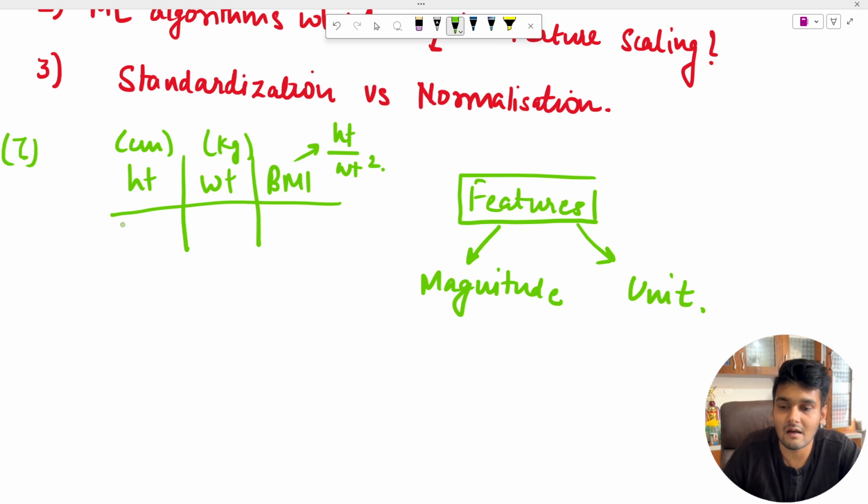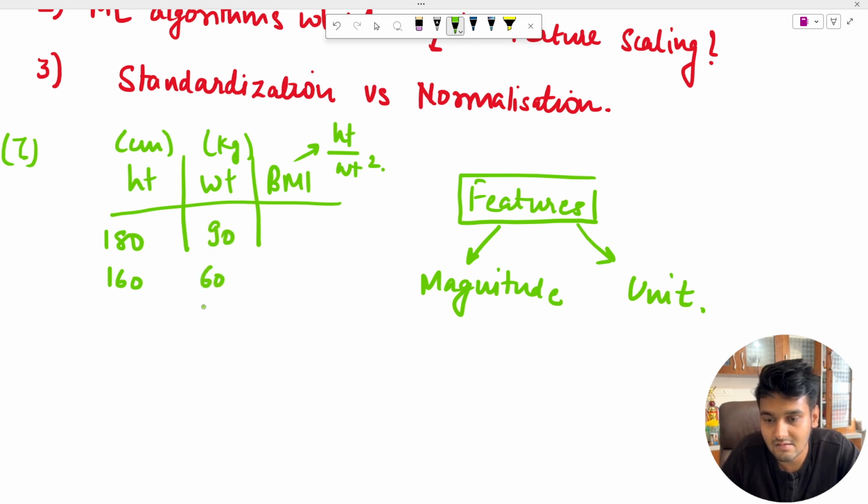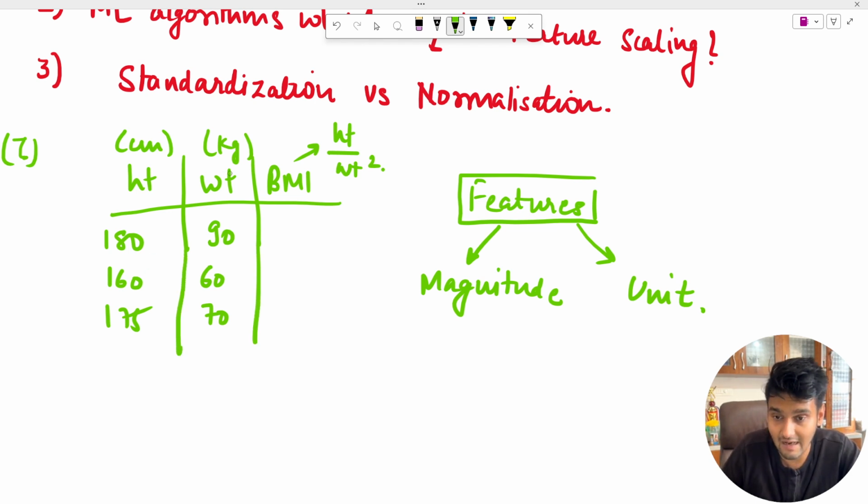So if there are some examples where you have height as 180, weight as 90 kgs, height as 160, weight as 60 kgs, and 175, 70 kgs, right? And you want to calculate BMI. Now, height and weight are independent features, whereas BMI is an output feature.